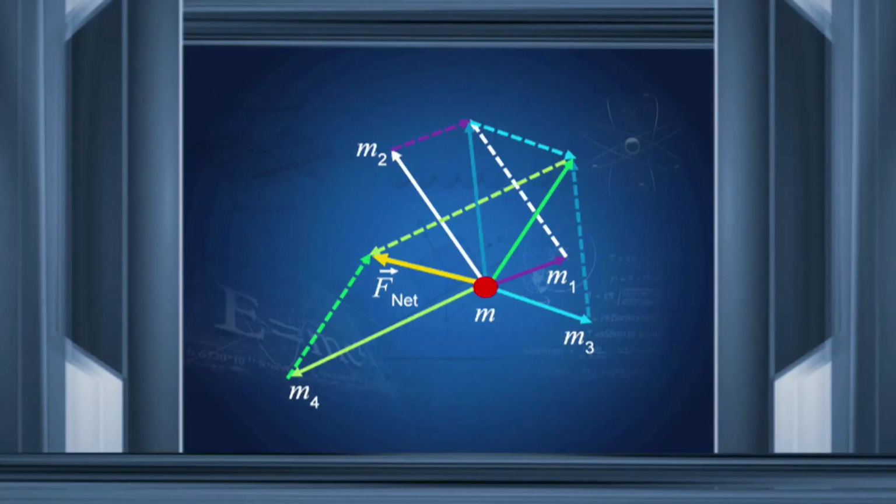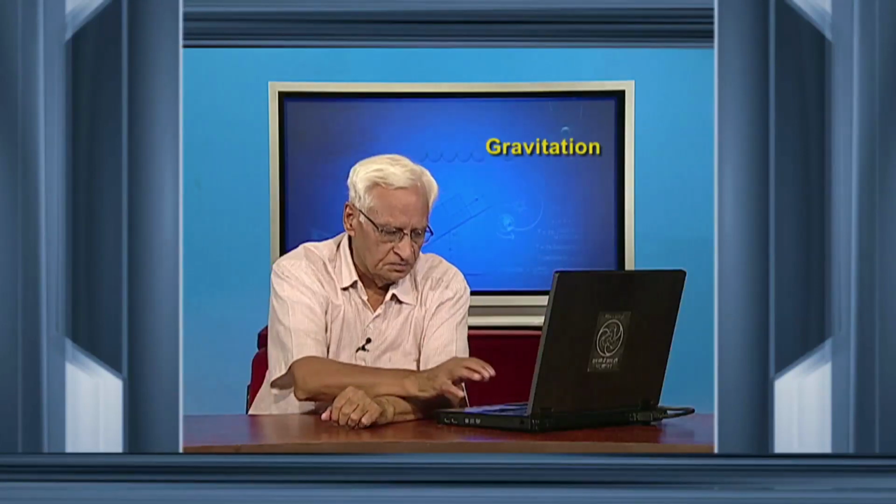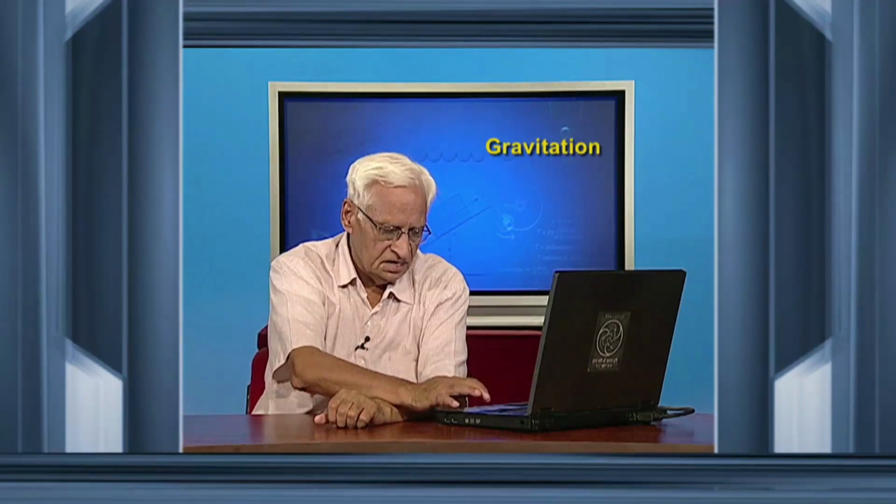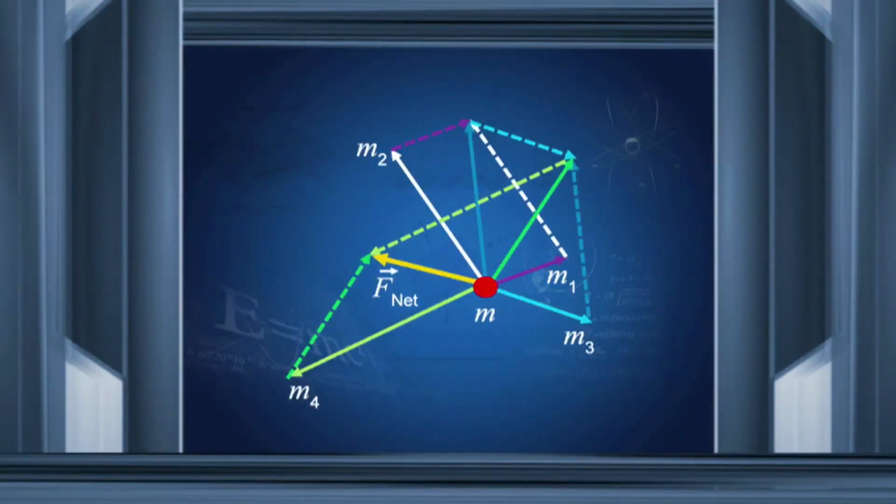The resultant of this and the force due to m3 is this green line, and when we compound them, the resultant is this line. So, the net force is always the vector sum of the individual forces.